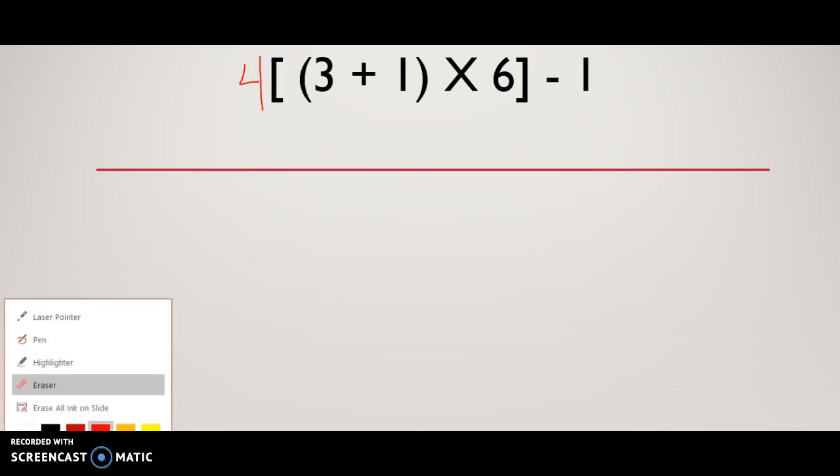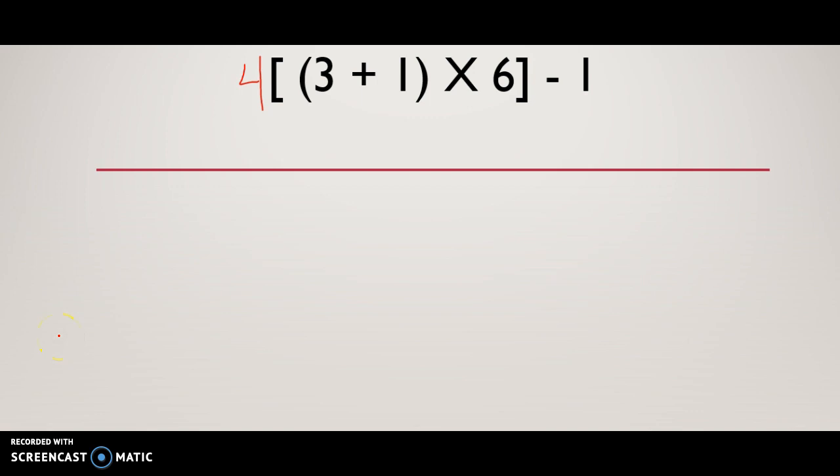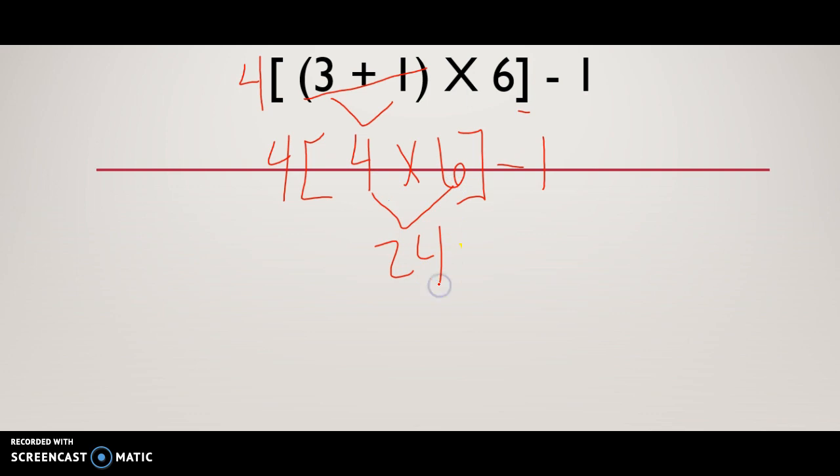So let's work it with the 4 this time. So I still start inside and work my way out. Inside here I have parentheses, so I do that first. So that'll be 4. Cross out what I did and bring everything down that I did not touch. Okay? I'm still inside my brackets, so the next thing for me to do is to multiply. 24.